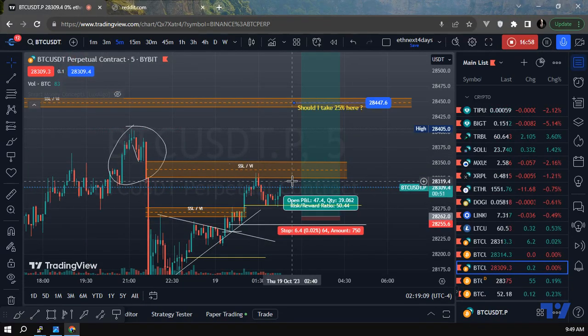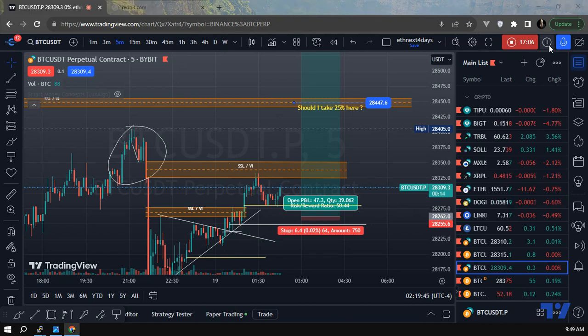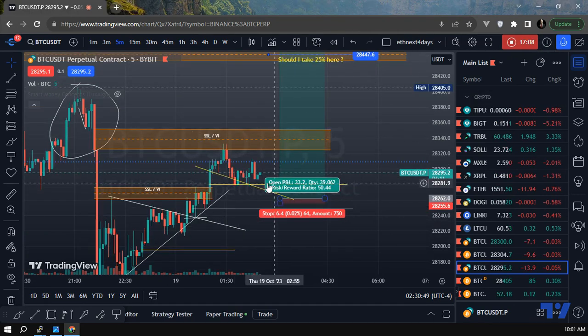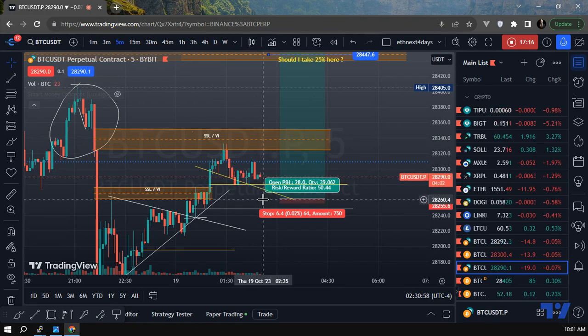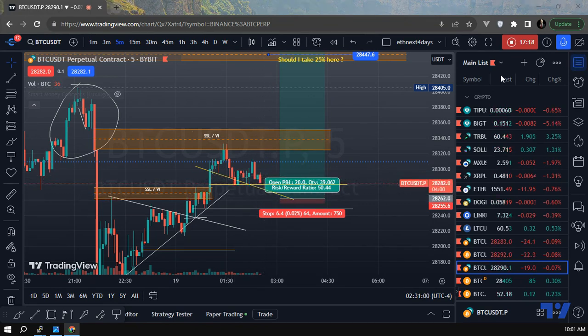Getting denied here is not good. It's bad for my health. It's bad for my position. You just need to go up. Well, I'm a little bit stressed out. I don't know if I should close this position or not. And this type of candle, I don't like it because it usually retraces back down, and it's happening.